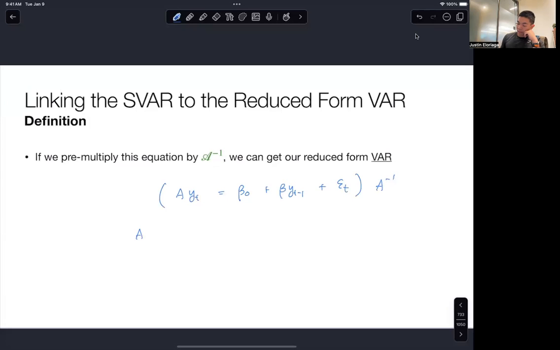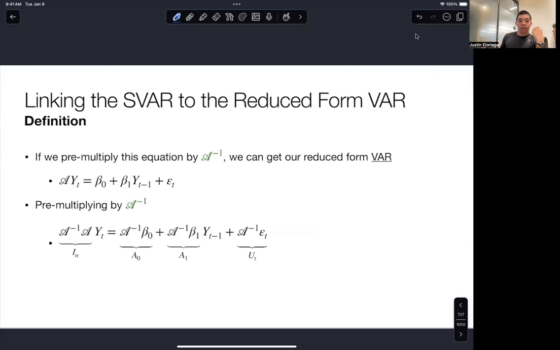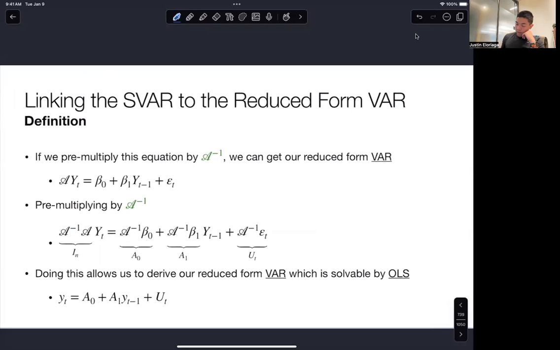So we get A inverse Y_t equals A inverse beta naught plus A inverse beta Y_{t-1} plus A inverse epsilon_t. Pre-multiplying by A inverse yields what I wrote down, and basically this becomes our reduced form VAR.